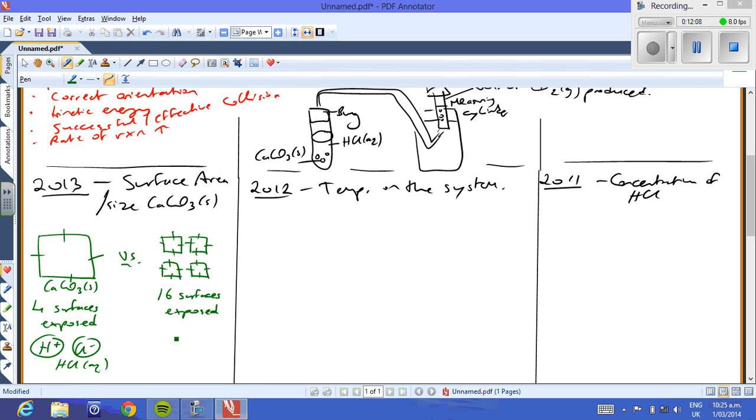And as a result, there are 16 surfaces exposed to the hydrogen ions and the chloride ions, and therefore the rate of collisions increases. And that's the basic concept of decreasing the size of the particle. If you decrease the size, you increase the surface area. And that's the concept there.